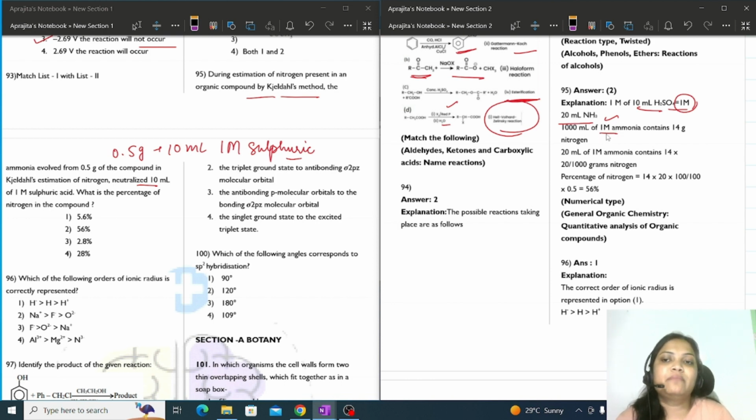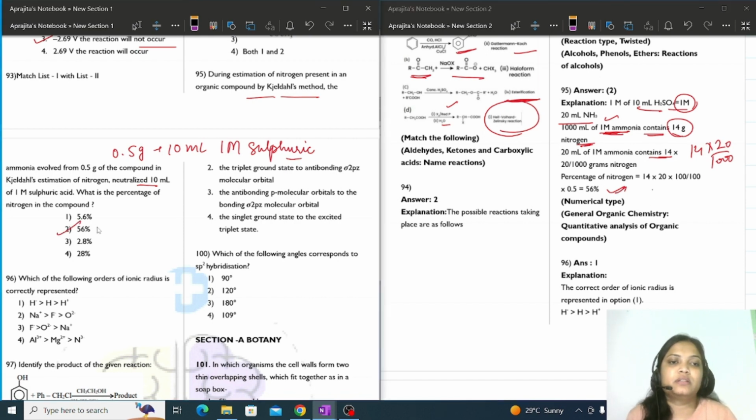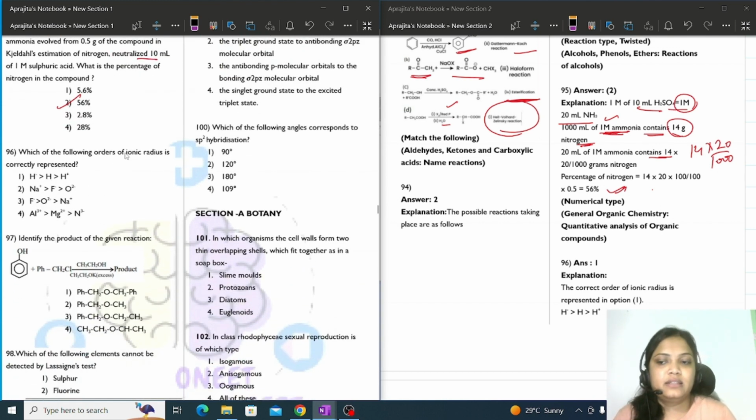So 1000 ml of ammonia will have 14 grams of nitrogen in it. So 20 ml of ammonia will have 14 into 20 upon 1000 grams of nitrogen. So the percentage of nitrogen we can find out, it's coming out to be 56%. So that's the answer.